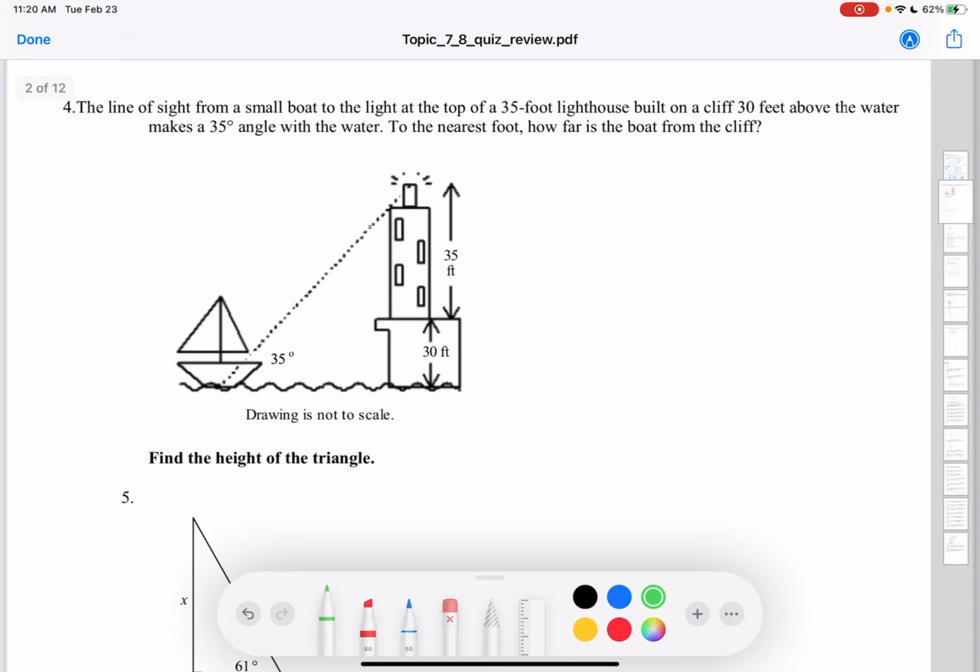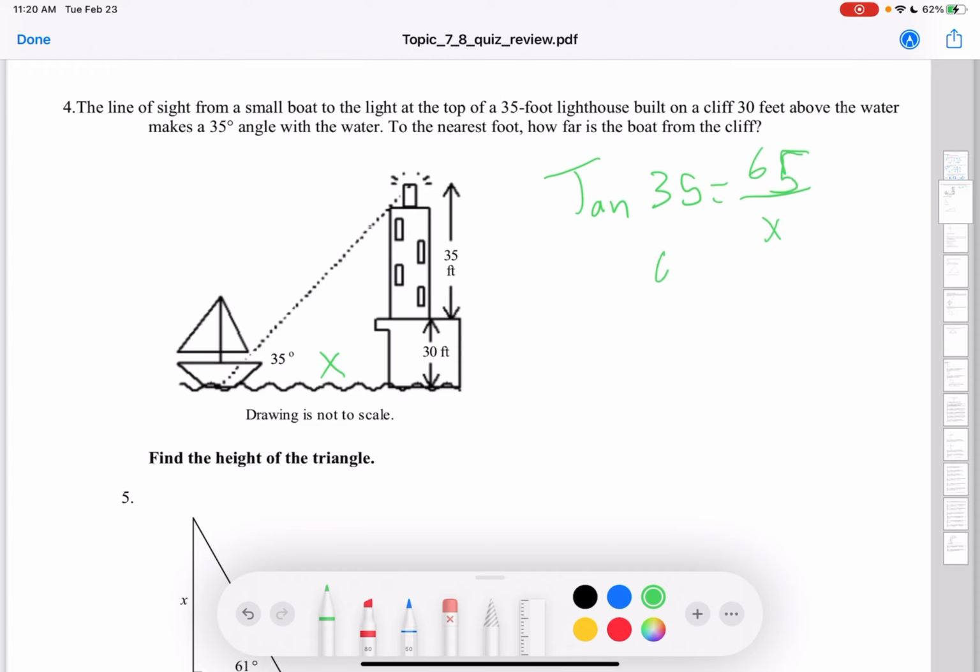Number 4, the line of sight of a small boat, 35 feet. The cliff is 30 feet. Makes a 35-degree angle with the water to the nearest foot. How far is the boat from the cliff? So we have to find that one. So that's tangent. So we're going to go tangent of 35 is equal to 35 and 35 is 65 over x.